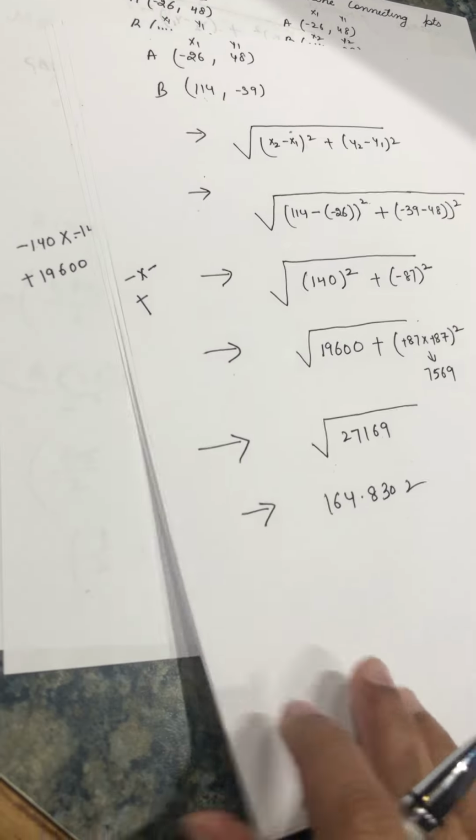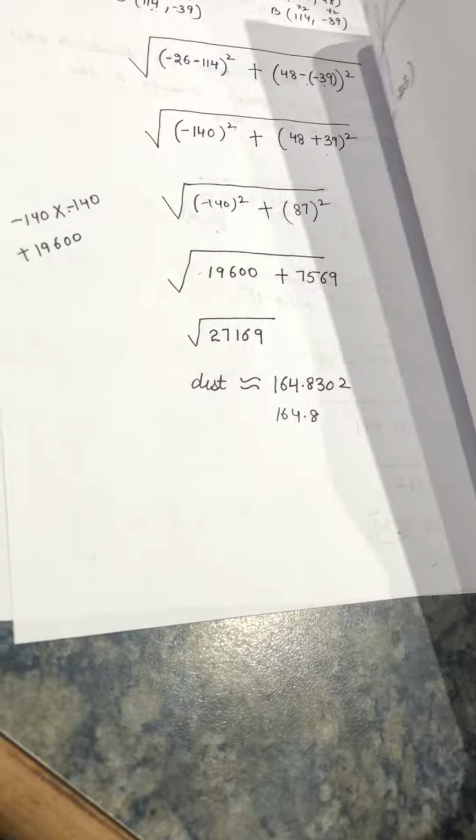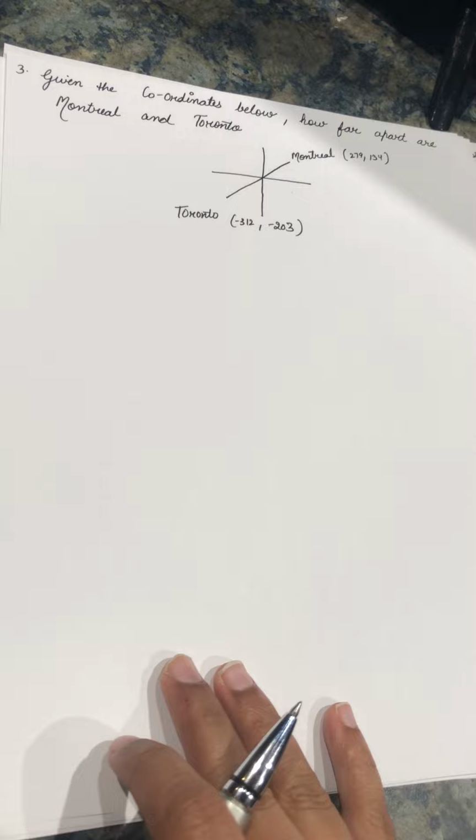Alright, now I have one more example for you guys. What is the length of the line connecting points A? Oops, sorry about that, wrong question. Given the coordinates below, how far apart are Montreal and Toronto? Coordinates are given, everything is the same.